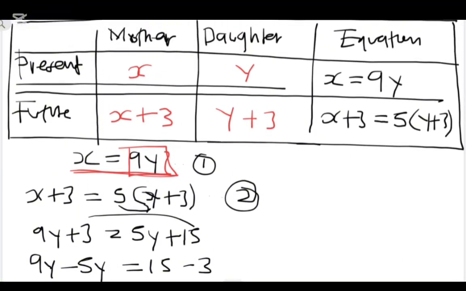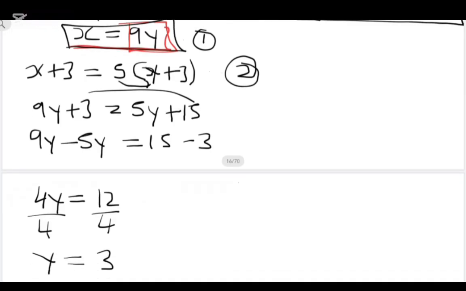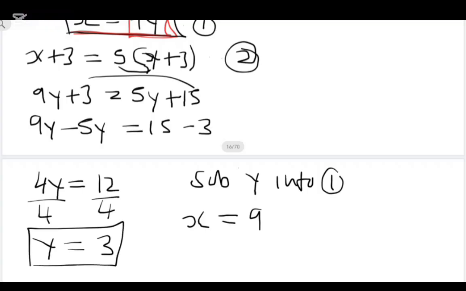So what about the mother, which is x? I'm going to use this equation here. I'm going to sub y into equation 1. Whenever there is y, I'm going to substitute this y that I got right now. It's going to be 3. x is going to be 9 multiplied by 3, which gives us 27.